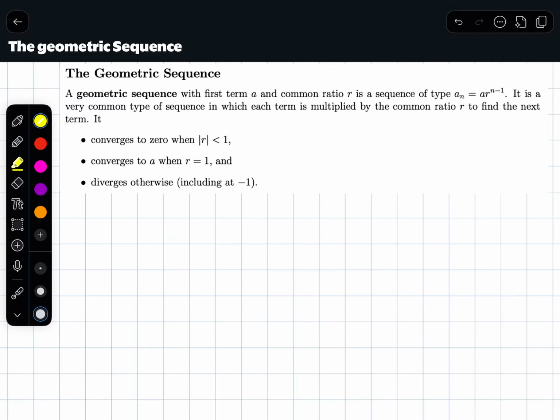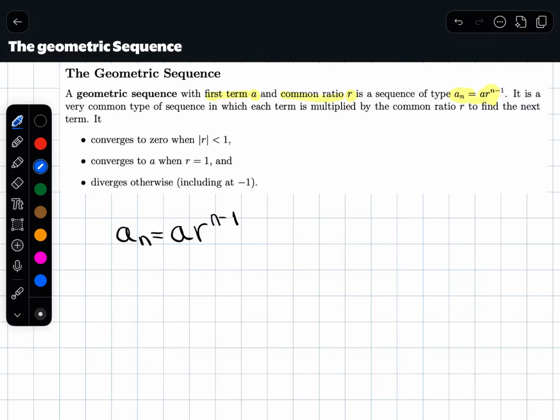But very briefly, a geometric sequence with first term a and common ratio r is a sequence that has this format. So basically, whenever a_n is a times r to the power n minus 1, then that will be a geometric sequence.